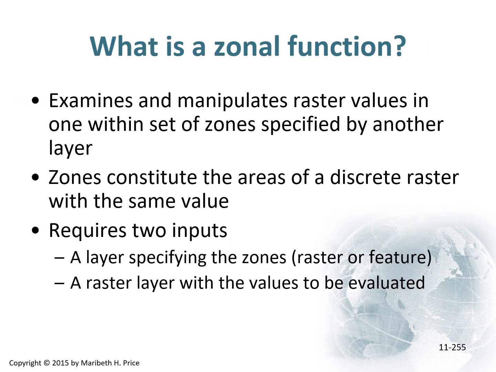Zonal functions are very similar, but they're also very different. They also use these kind of areas just like a block or a focal function, but instead what you use is some other data set that defines the zones. Typically it's like a bunch of polygons that you're using to define a zone, and then in that zone you're calculating a statistic from a raster data set.